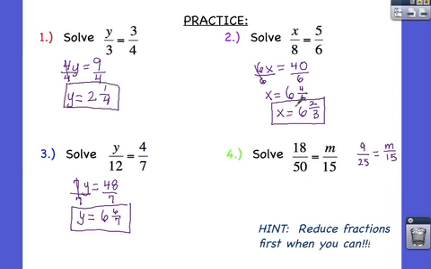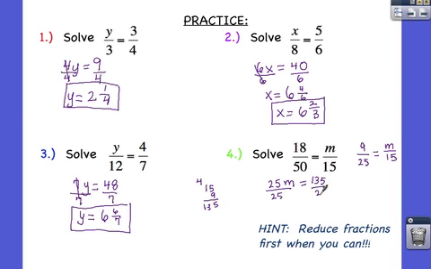And then I can go ahead and cross-reduce, so I have smaller numbers to deal with. 25m equals 15 times 9, which is 135.